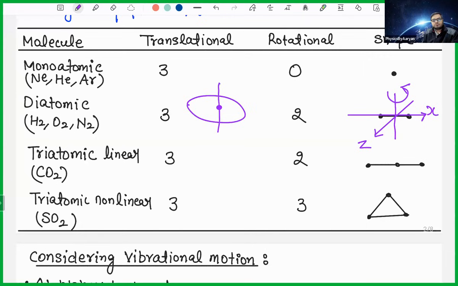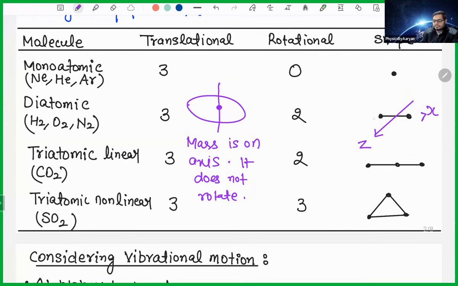No, if you stand perfectly on the axis, you will not rotate. So is it okay to say that if a mass is on the axis, it does not rotate? And do you all agree that both the masses are on the x-axis?